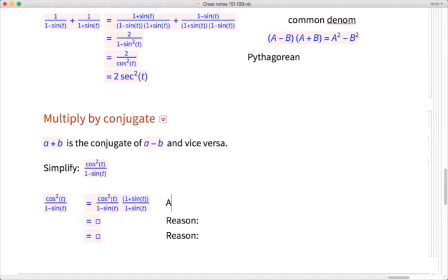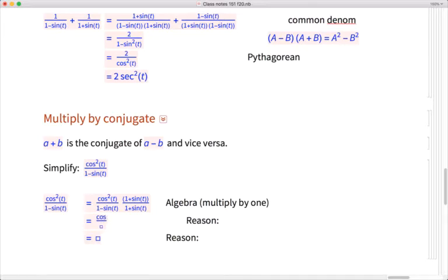I mean, we multiplied by 1. It doesn't change our fraction. Okay, so upstairs, what do we have? We have cosine squared t and 1 plus sine t. Downstairs we have 1 minus sine squared t.